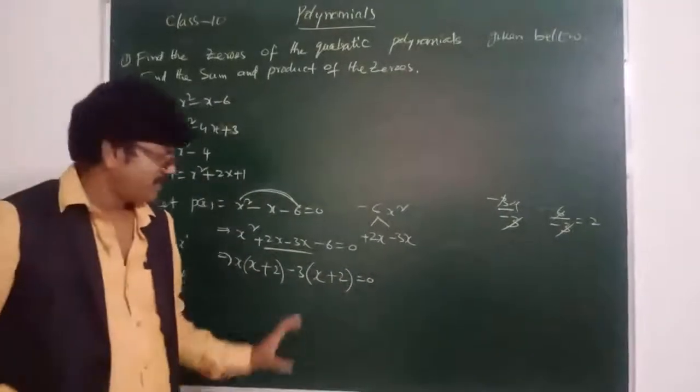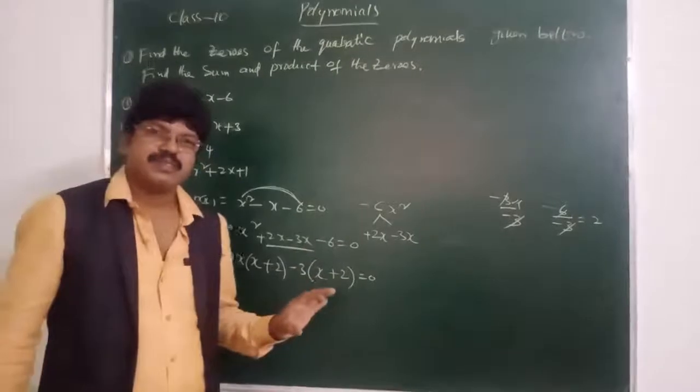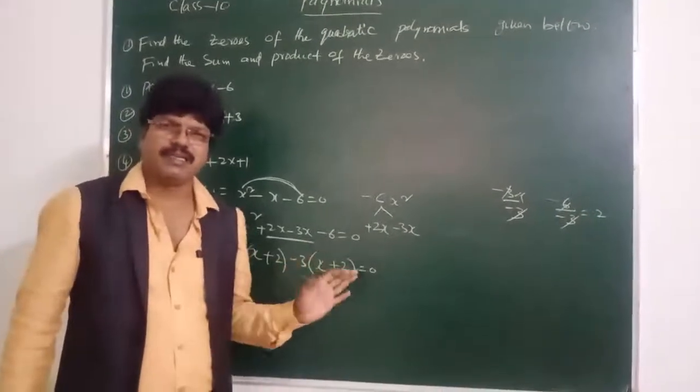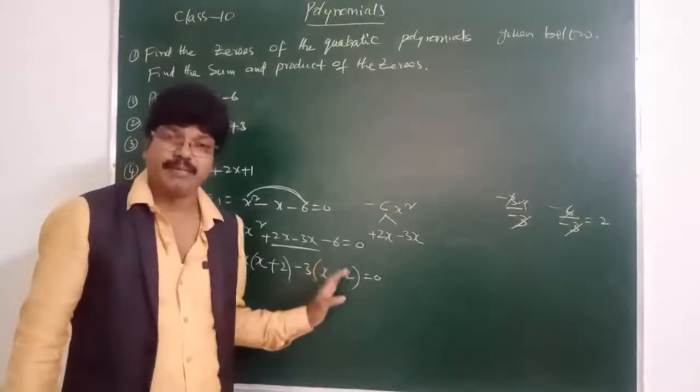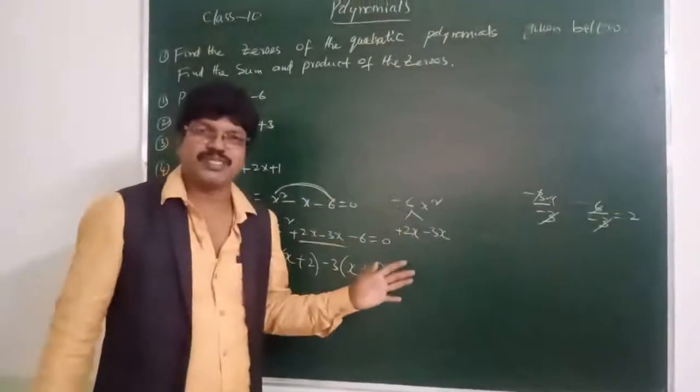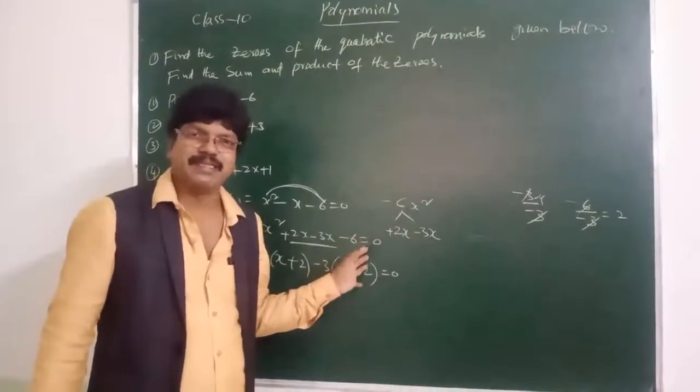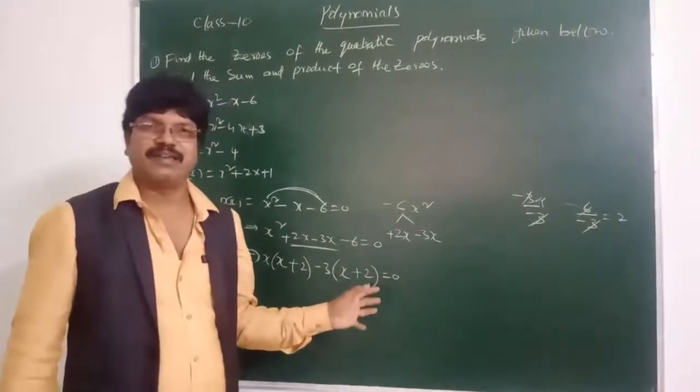Have you understood? Common means either in the numerical part or variable part. This is also a most important term. It's a concept term. In each and every polynomial, to find zeros in this method, we follow this way.